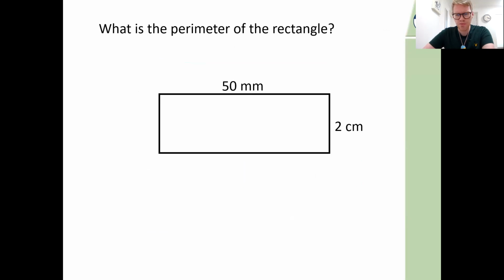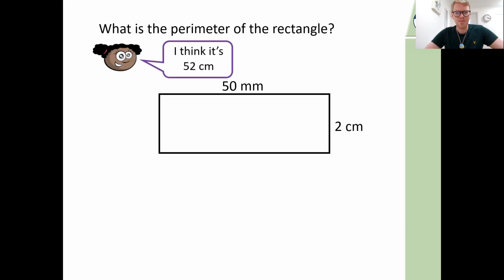Well, the reason it's not 104 is because right now we've got 2 different units of measurement, haven't we? We've got a mix of millimeters and centimeters. So let's do a bit of converting first of all, so we've all got the same units of measurement.